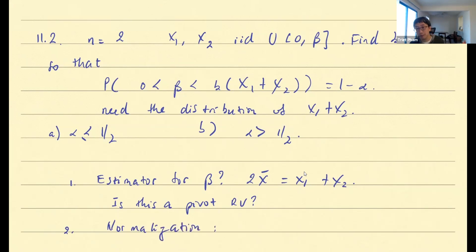What is the normalization step? You only have two choices. Scale by what?